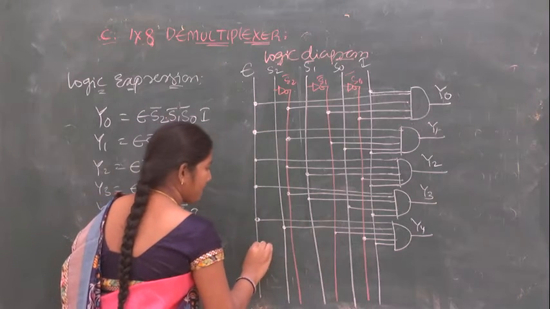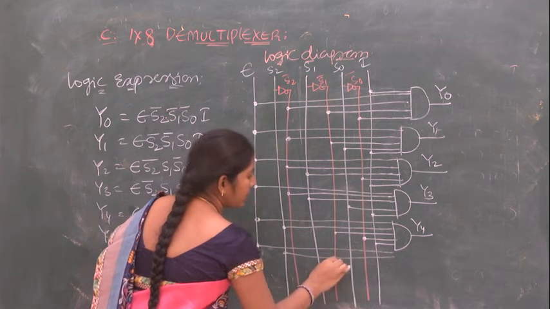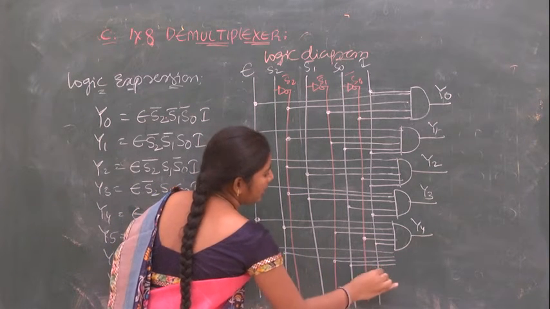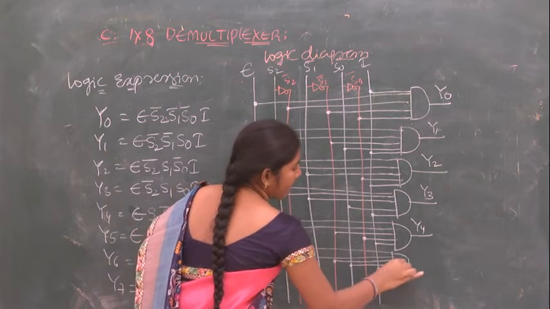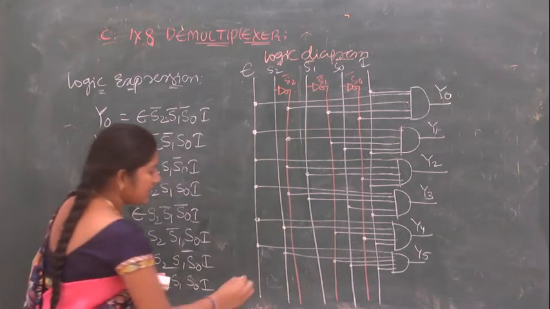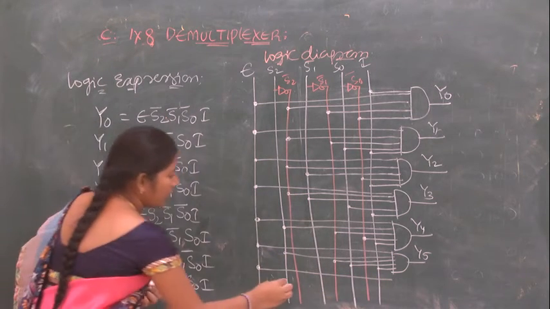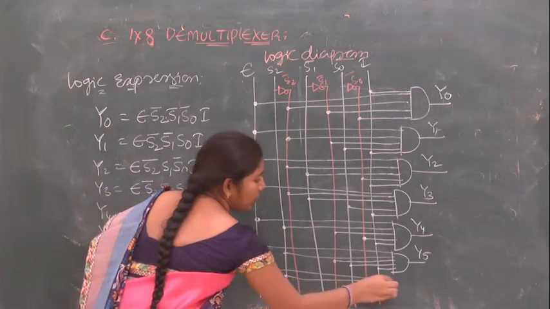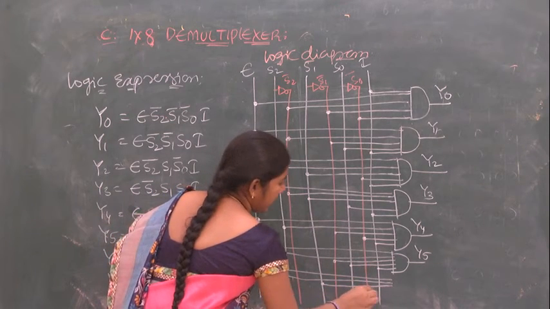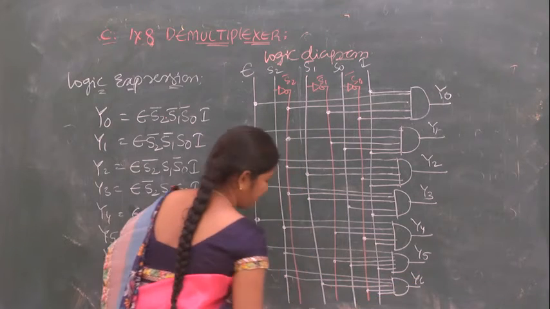Y5 is E, S2, S1 bar, S0, I. So you will get Y5. Y6 is E, S2, S1, S0 bar, I. So this is Y6.